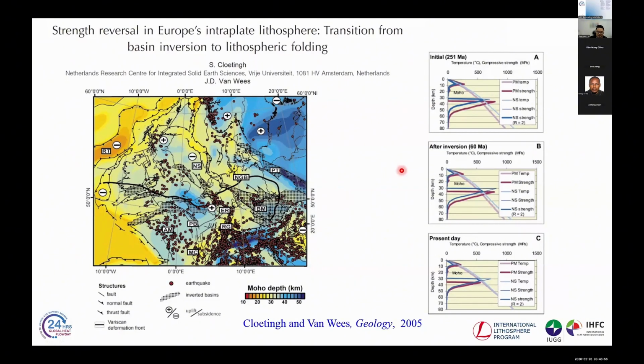Why can the strength of the lithosphere change? Just due to magmatism and also neotectonics. From 250 million years ago to the present, the lithosphere became weaker and weaker, which resulted in the basin inversion and a lot of earthquakes in this area.